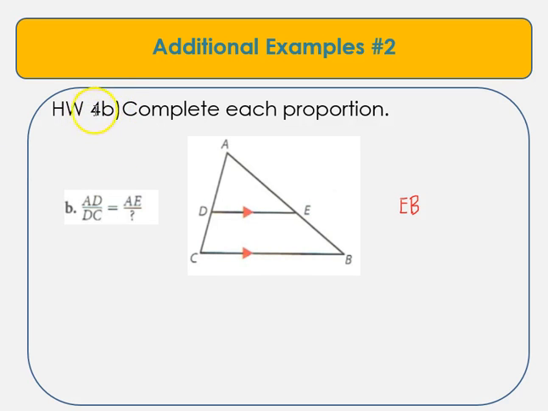In your homework, problem 4b says complete each proportion. If AD is to DC, then AE is to EB, this piece. Very simple.